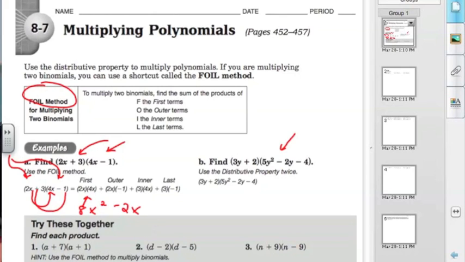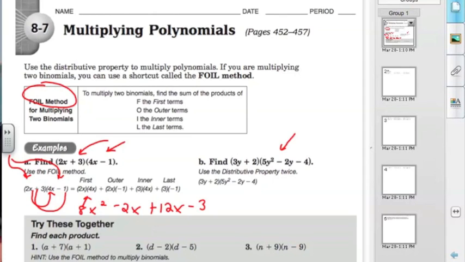Then we take the inner values. Well, that's the 3 and the 4x. We multiply those, we get plus 12x. Then I take my last values, 3 and the negative 1, because those are the last values in the terms. So 3 times negative 1 is negative 3. Now is the important piece. You can combine like terms.